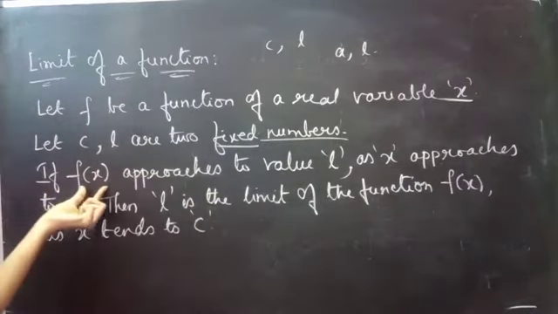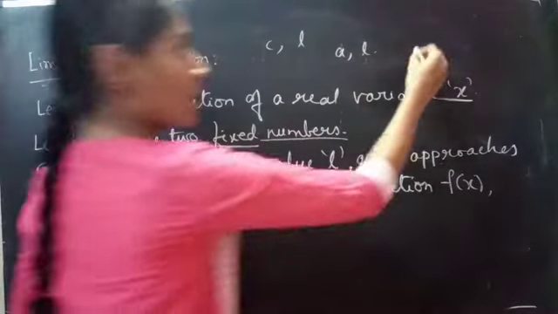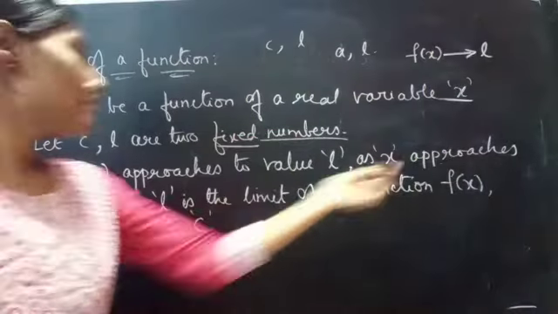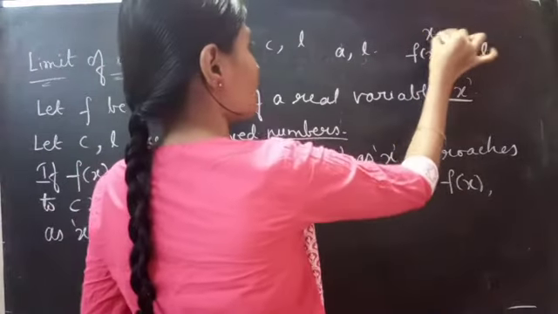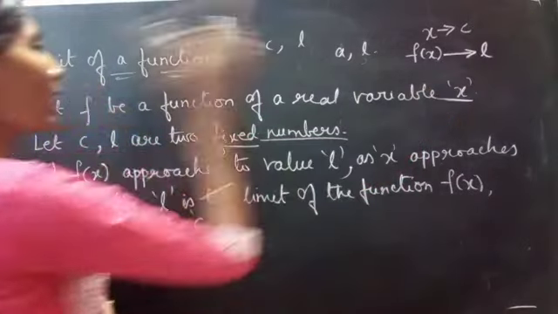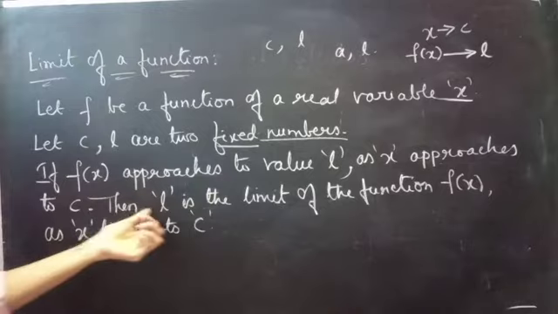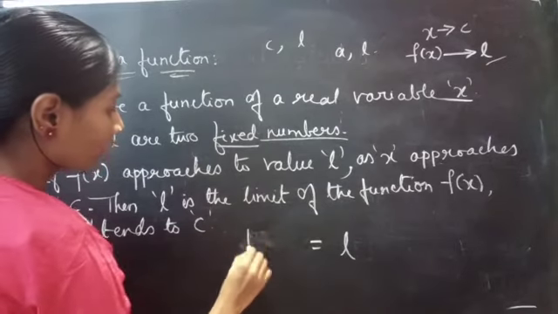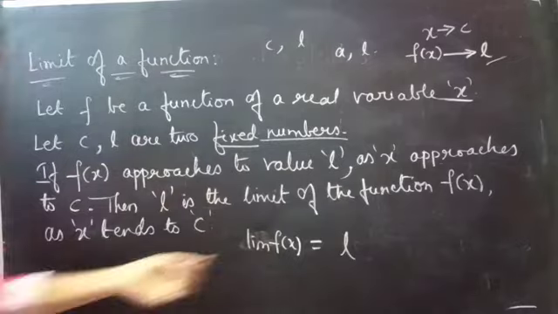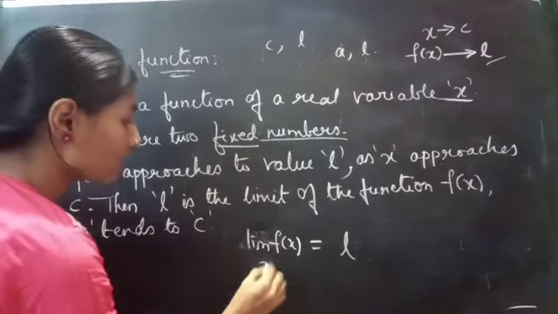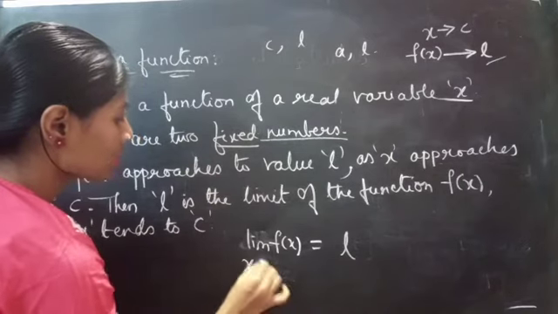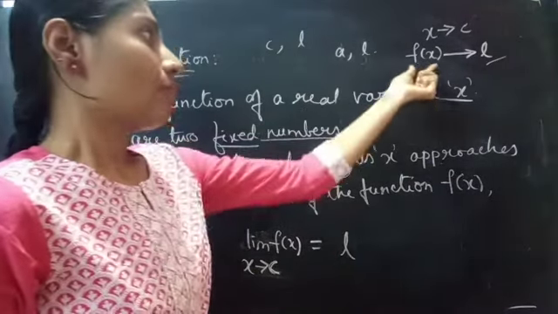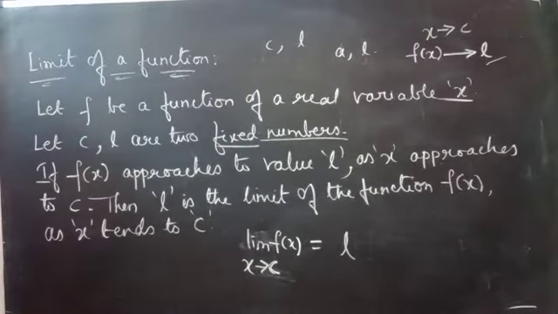If f of x approaches value L as x approaches C, or A you can say, then L is the limit of the function f of x as x tends to C. Whenever x approaches C, f of x approaches L. So this is a limit of a function.